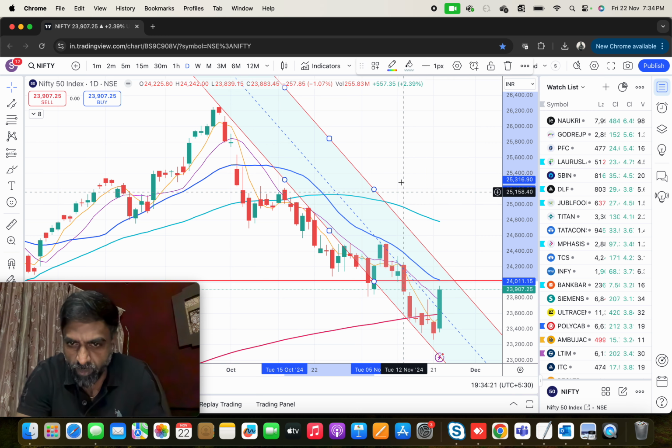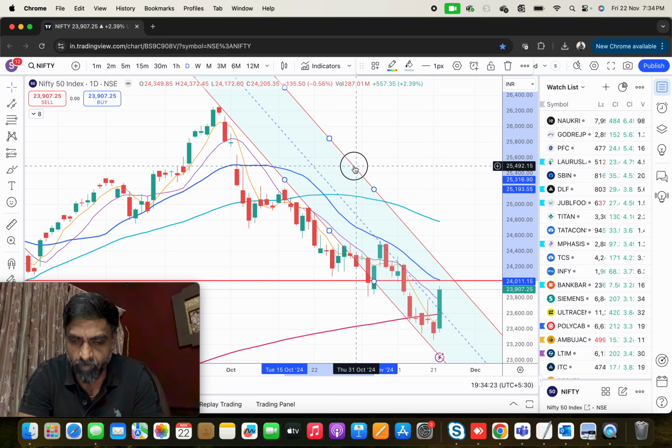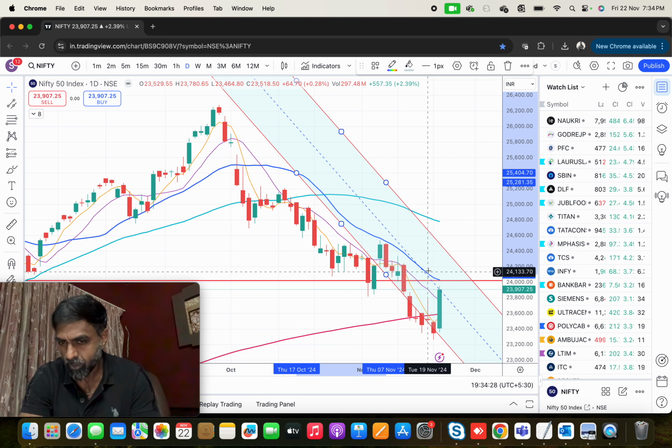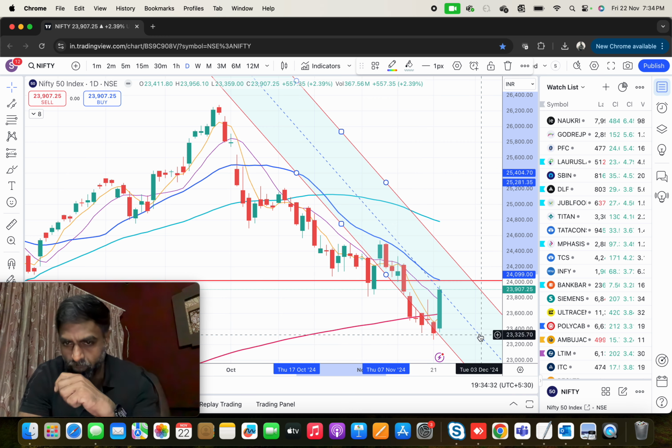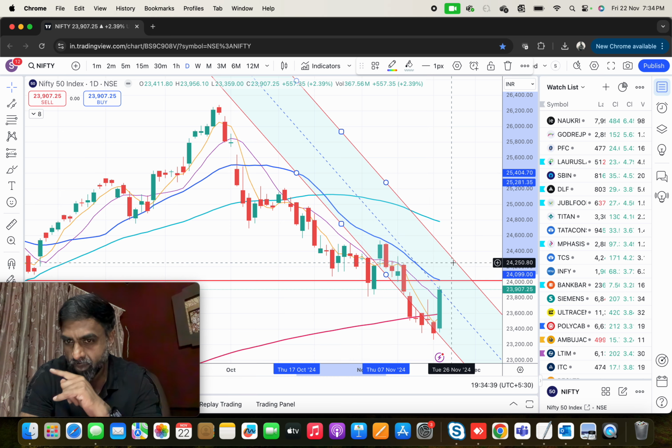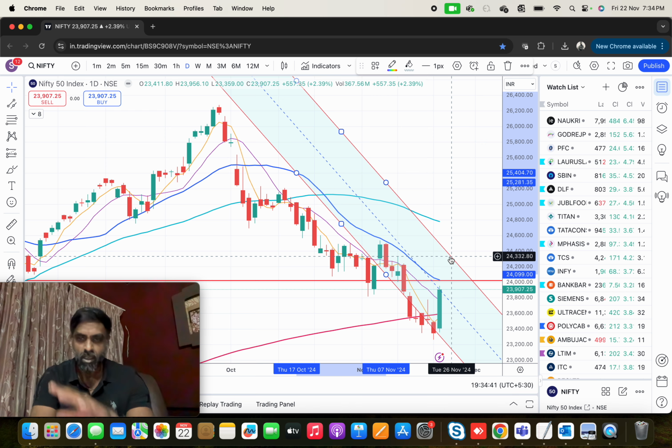Either you can move here as well. So it exactly touches the middle of the channel. Now the question is, from the middle of the channel, whether it comes down, or goes and touches the 20, or goes and touches the top of the channel.